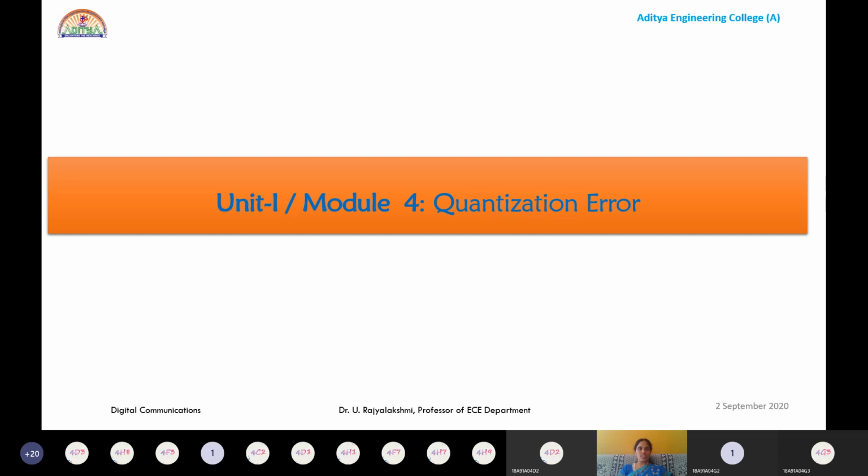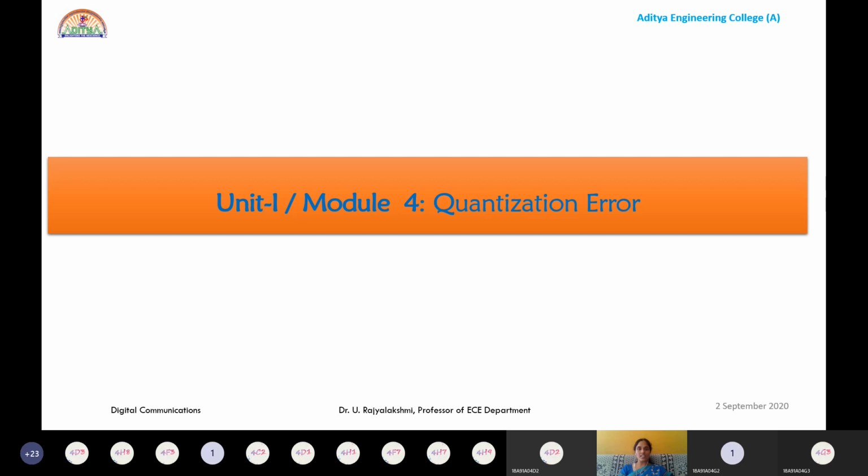So please replace fs with 2fm. Then you get the minimum transmission bandwidth required to transmit a PCM signal as n into fm. It should always be greater than or equal to n into fm. This is what we completed till the last session.